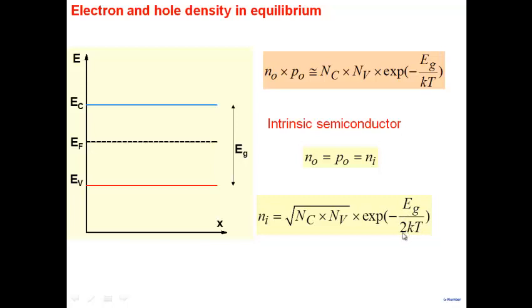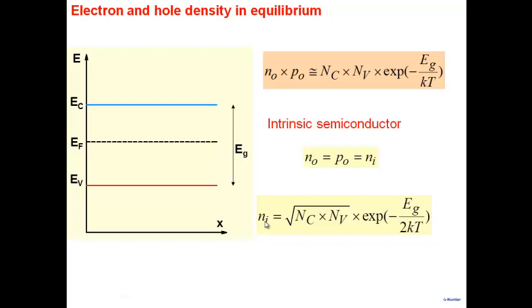You can now see how I can measure the energy gap of a semiconductor. Suppose you make a pure semiconductor. How many electrons and holes are there? Ni. Then I measure the resistance of the semiconductor.